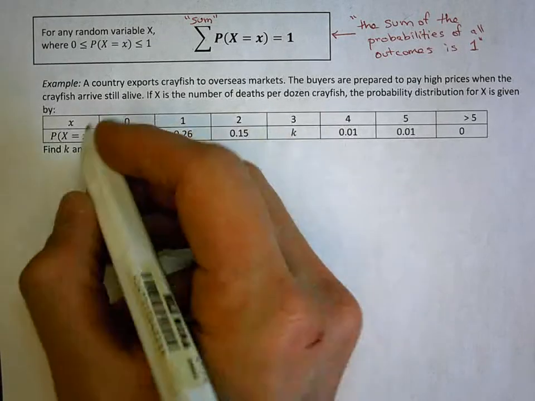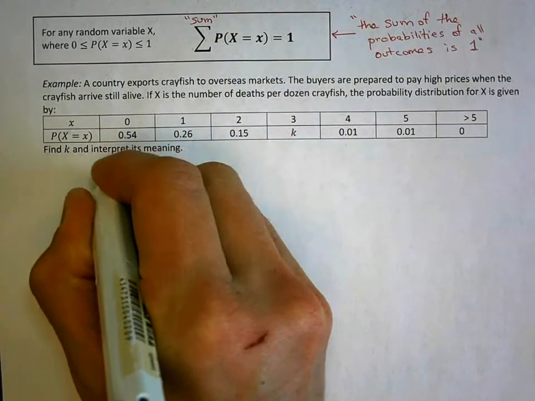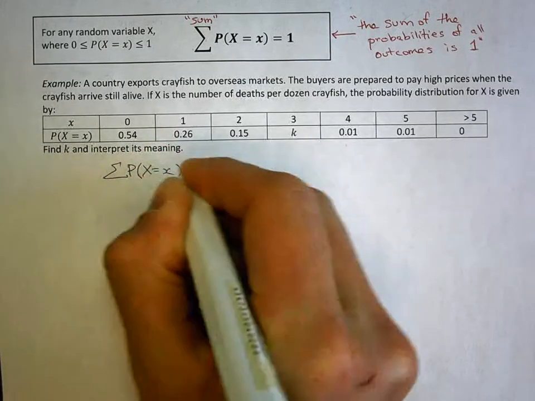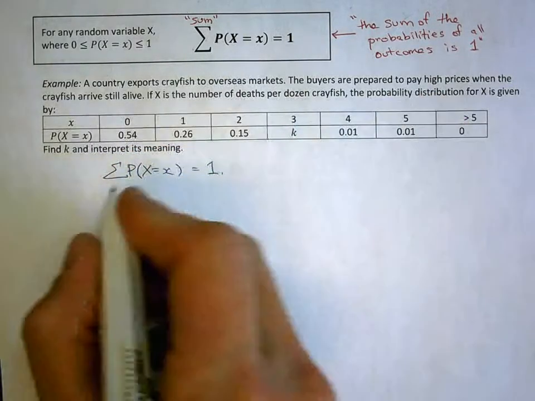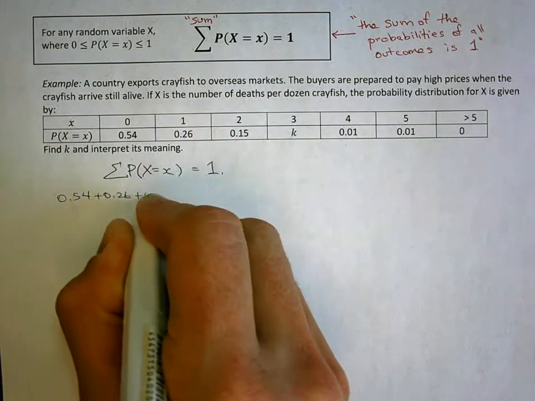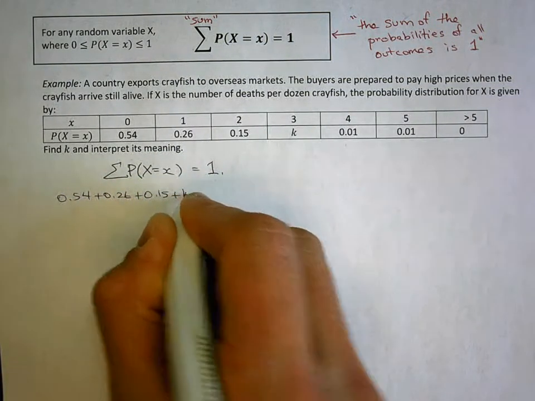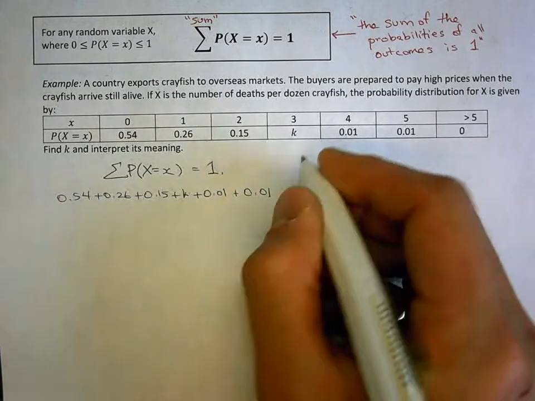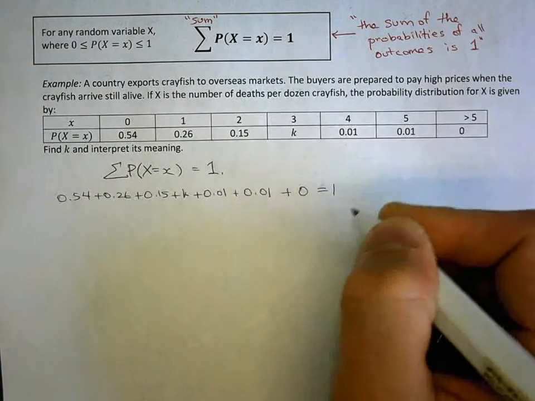Well, we can figure this out, right? We know that the probabilities, if I sum them all up, it should equal 1. So that means that 0.54 plus 0.26 plus 0.15 plus k plus 0.01 plus 0.01 plus 0 is equal to 1.